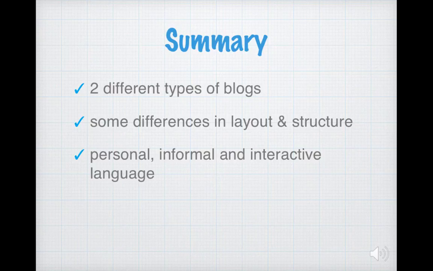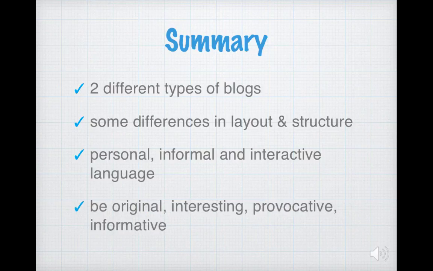Then for both of them, the language can be personal, informal, and interactive. Interactive meaning that you directly speak to your readers by, for example, using the pronoun you. And then a blog has to be original, interesting, can be provocative, and also informative. And yeah, this basically is what you need to know about how to write a blog.